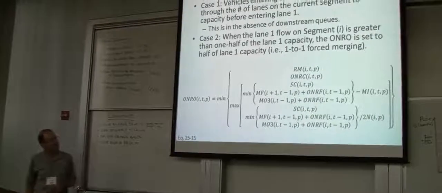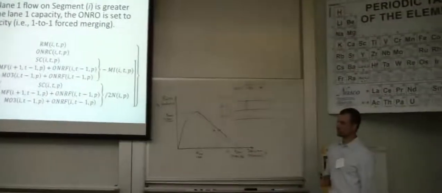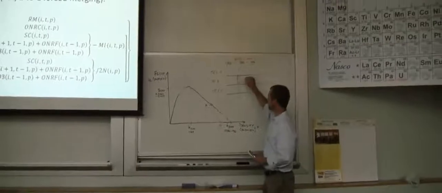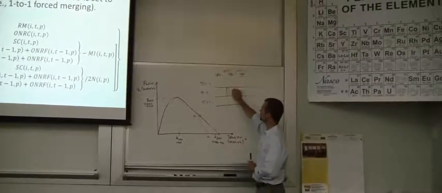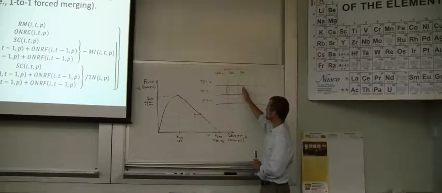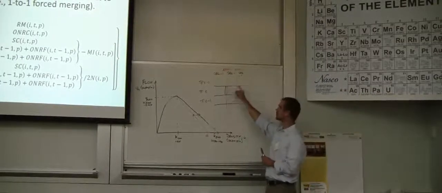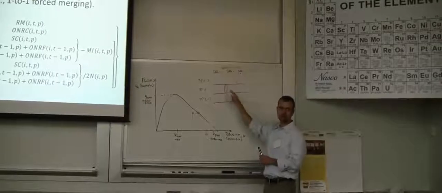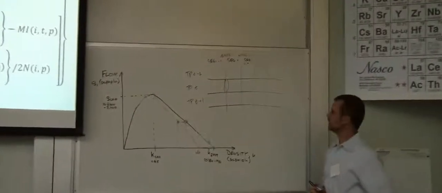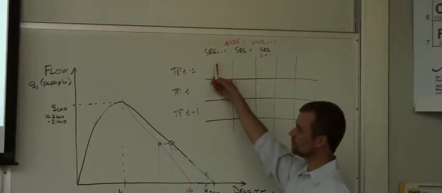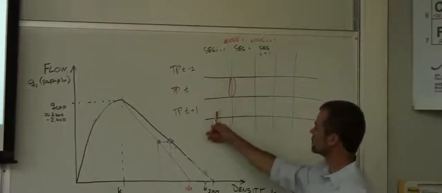Ultimately what we're talking about is that we have segment I, a subject segment, we have a segment before, and a segment after it, and then we have to define the node. I think this is correct, that node I is the one upstream of segment I. Then we have our analysis time period, with T minus 1 being the previous one, T plus 1 being the next one.